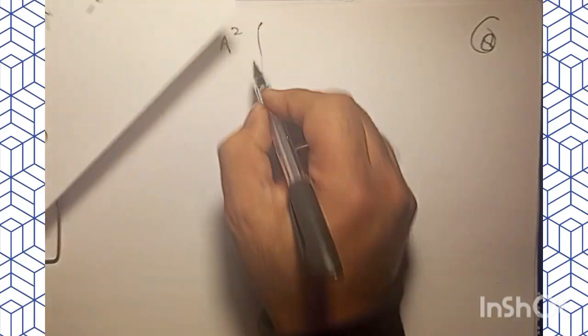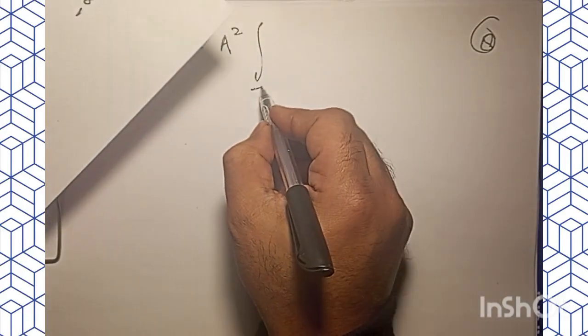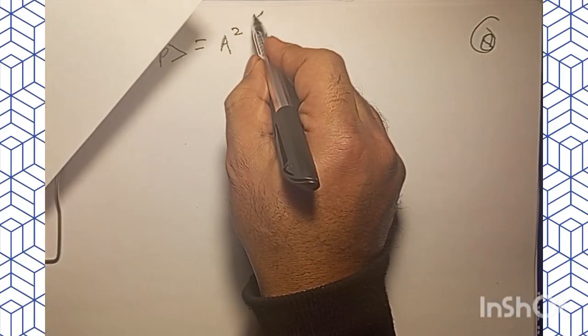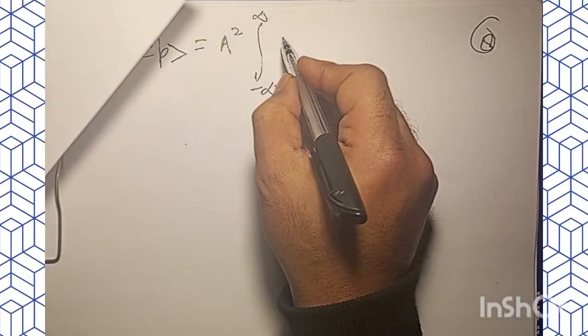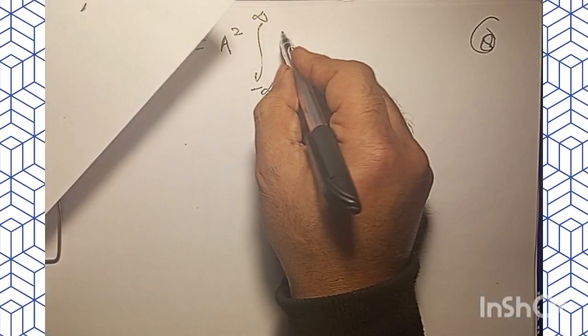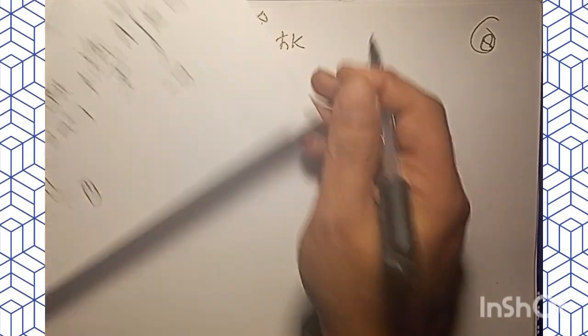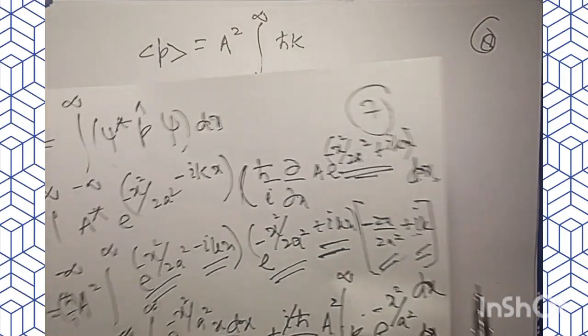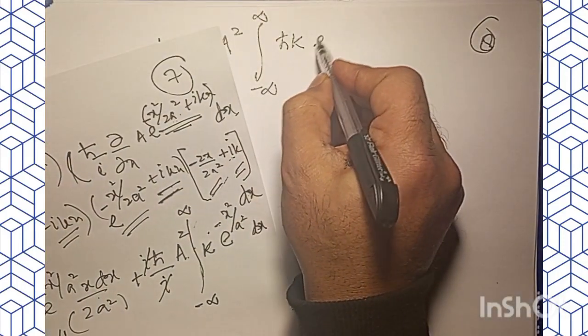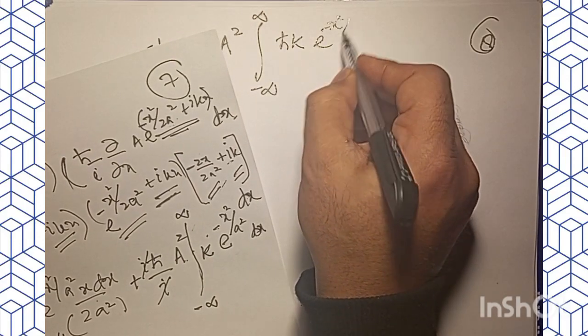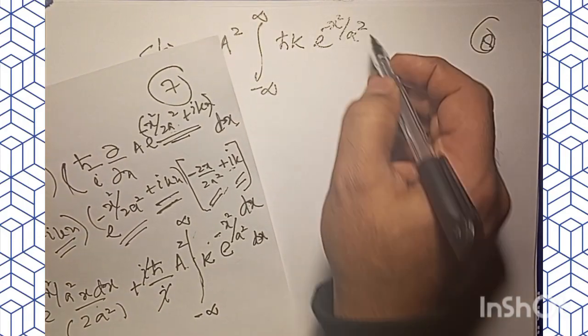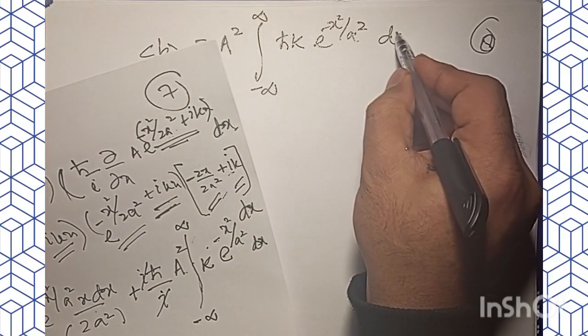Here I'm going to write minus infinity to infinity, and h cross I will take inside. This is h cross k. Then we are going to have e to the power of minus x square by a square dx.